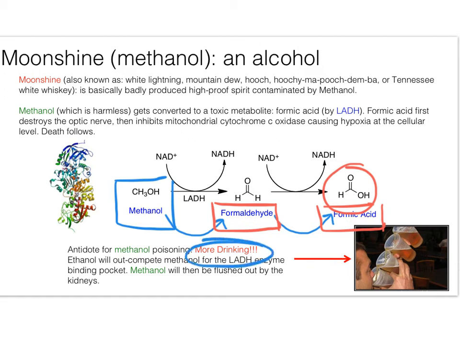So you actually can add more ethanol to your body in the form of drinking, or in fact, hospitals sometimes have IVs of Everclear, and they will actually add ethanol to you, and the ethanol will compete. It'll compete for the enzyme. So the enzyme now only has ethanol to work with, and then the methanol will just kind of gradually get flushed out of your body.